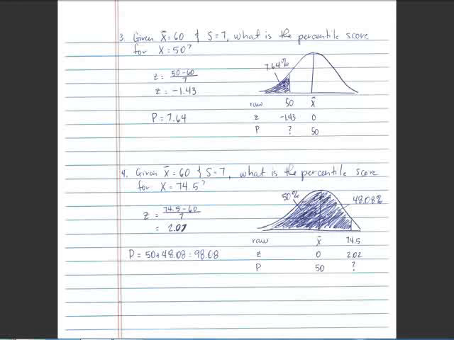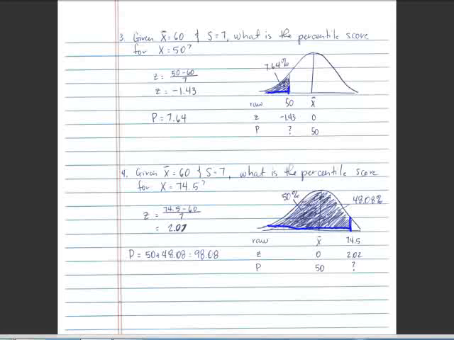We're going to change that raw score to a z-score, and then that z-score to a percentile score. Okay? Notice also in both of these graphs we've identified the area that we're looking for, and we are shading that area and below, because that's how a percentile score is interpreted, here and below.